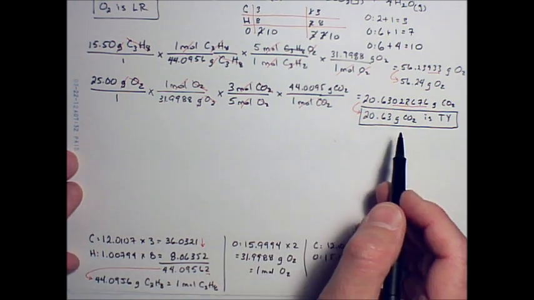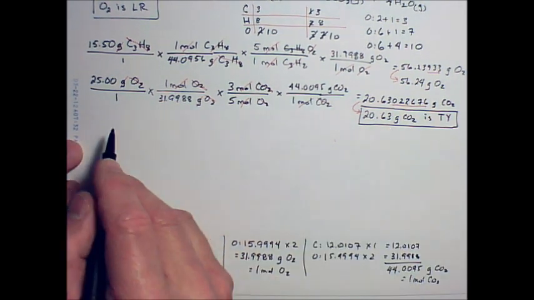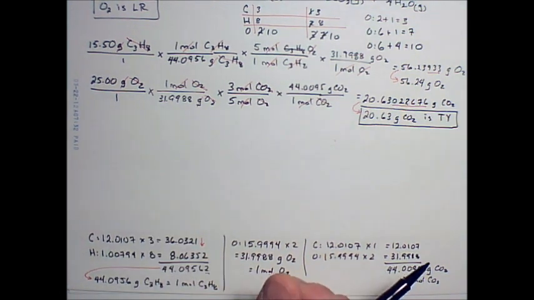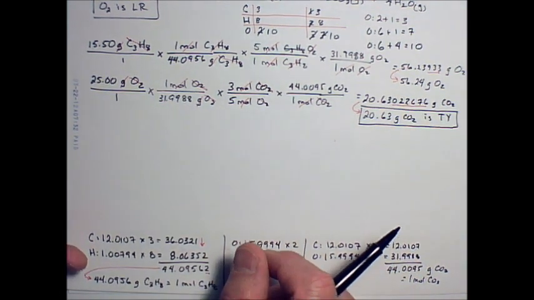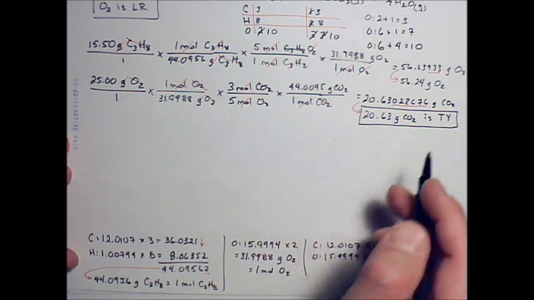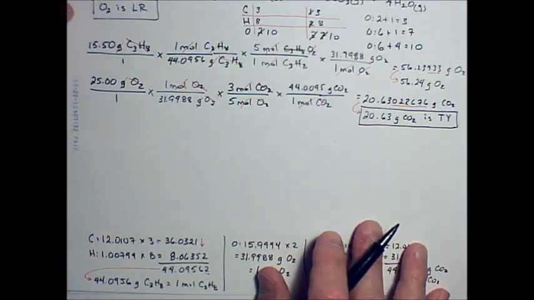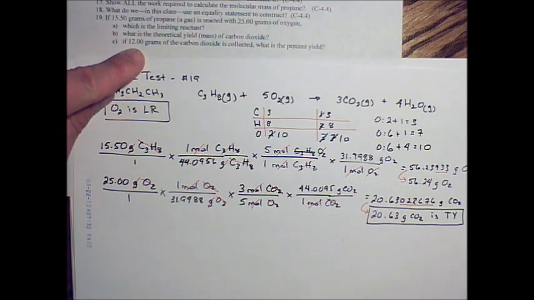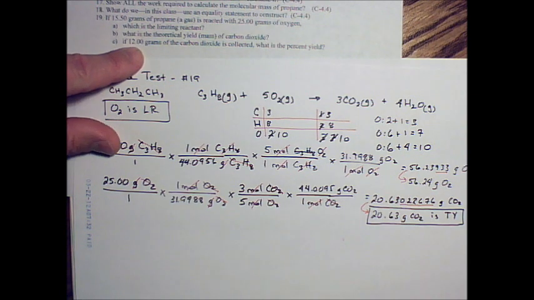All right. To calculate the percent yield is always the actual yield, that's the amount collected, over the theoretical yield, and you multiply that calculation by 100. Our collected amount, our actual yield in the problem, is 12 grams. Okay?